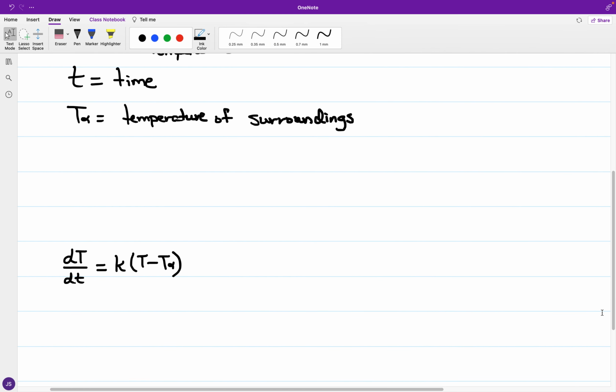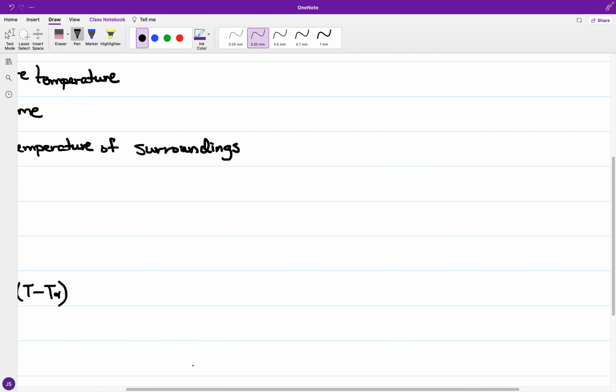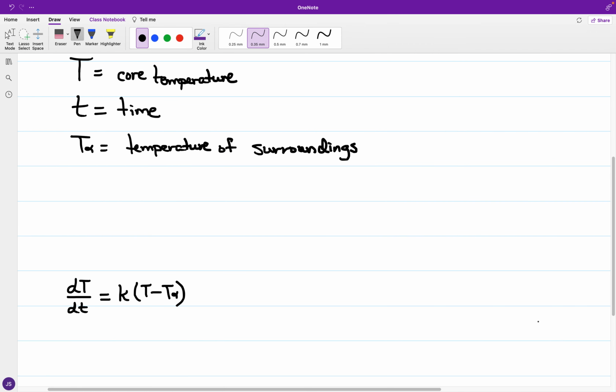So what we can do is look at separating the variables. I can collect together what I have in terms of the temperature T, separating it from the time variable lowercase t. So I'm going to simultaneously divide by the difference between the core temperature and the ambient or surrounding temperature, and multiply by the differential dt.